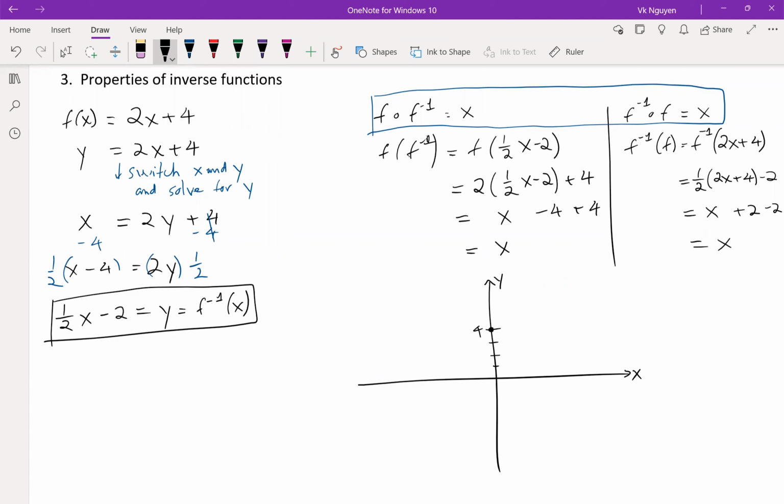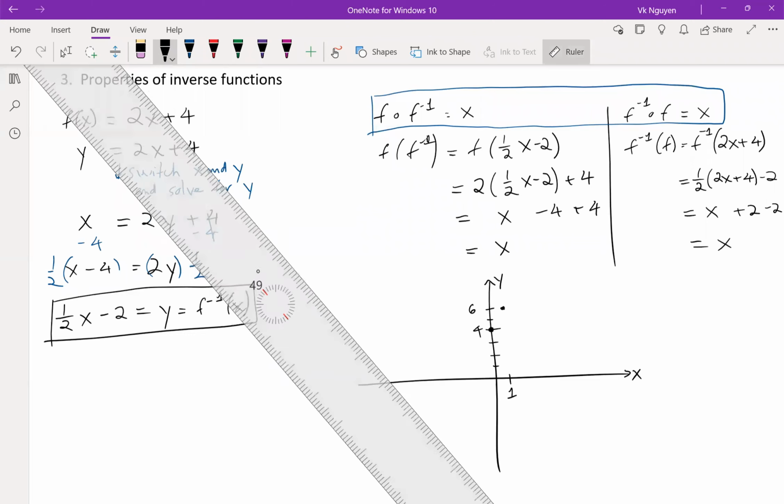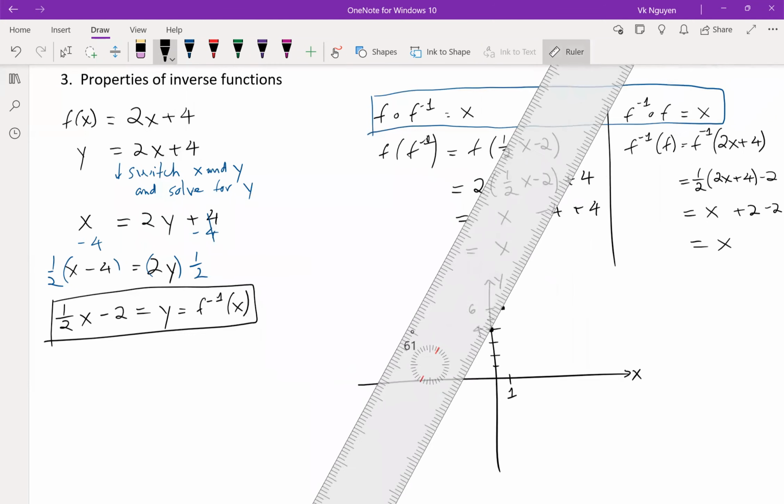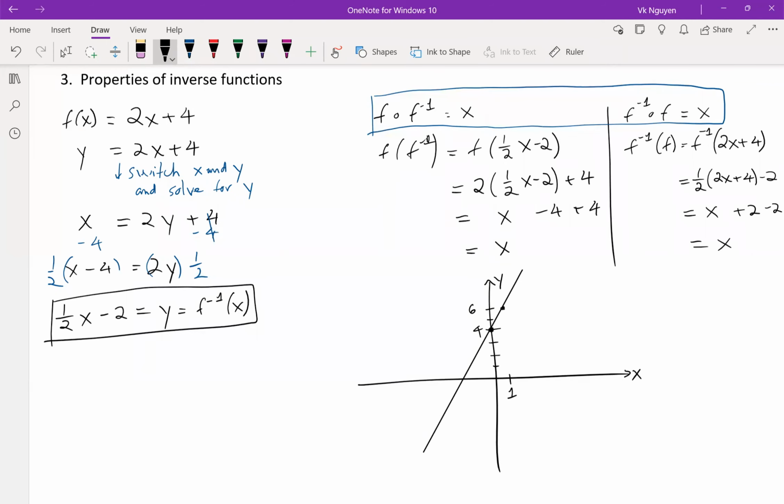Slope is 2, so we go up by 2 and over 1. Get a point right here. Get a straight line between the 2 points. Okay, so there's the f(x).